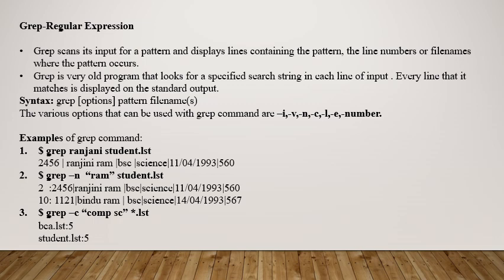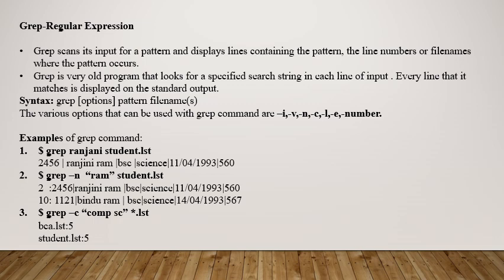The first regular expression command I have used is grep. Unix has a special family of commands for handling search requirements, and the principal member of this family is the grep command.